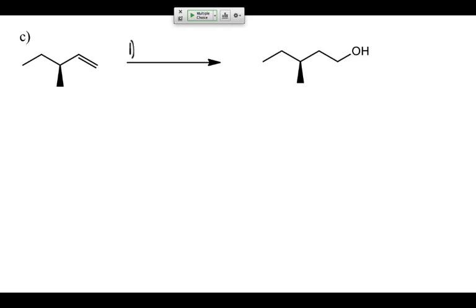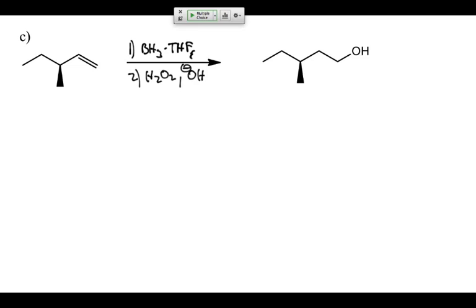So what are the reagents? Right? It's BH3 and THF, that's number one. And number two is what? H2O2, the hydrogen peroxide, and OH minus. Okay, so basic hydrogen peroxide.